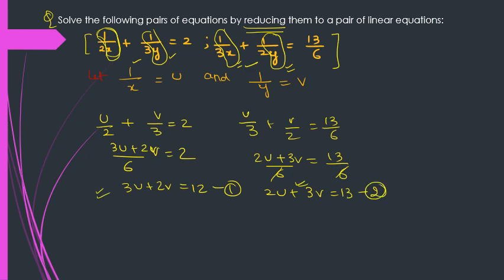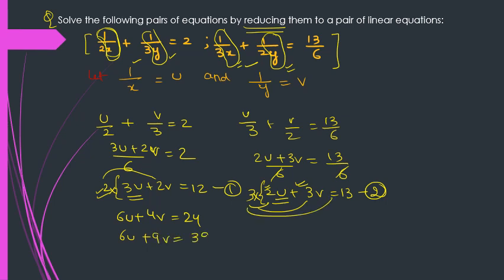You can use whatever method you want to apply. So let's say we use elimination. I want to make the coefficients the same. Here if you multiply by 2 and here if you multiply by 3, what you will get is 6u plus 4v is equal to 24, and from here 6u plus 9v is equal to 39.